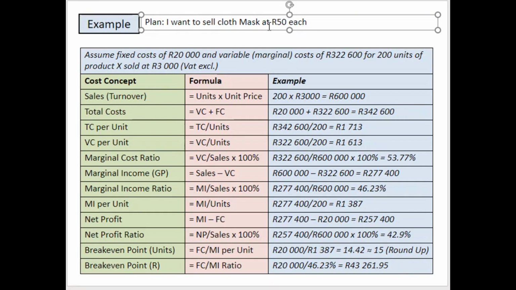Okay, I know exactly what I want to do. And I know that all material cost 20, let's make it 21 Rand per mask.